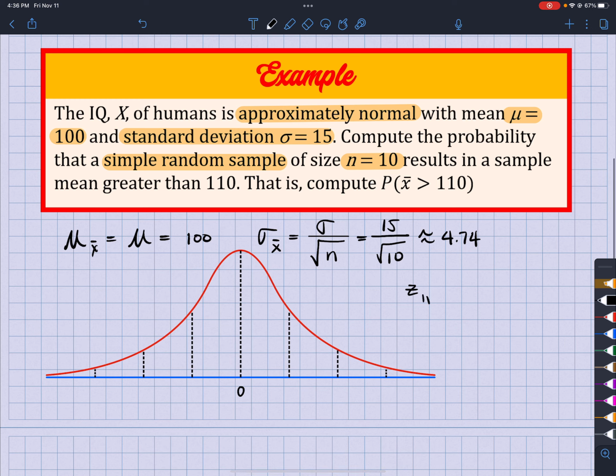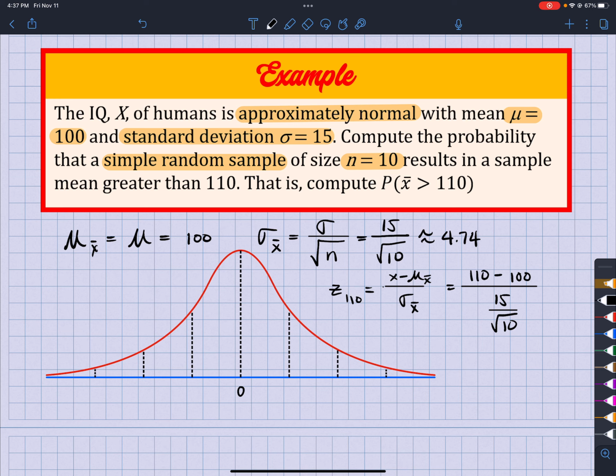That's going to be X minus mu of X bar, divided by the standard deviation of X bar. This is how we would traditionally do it by hand. So we have 110 minus 100 over 15 divided by the square root of 10.